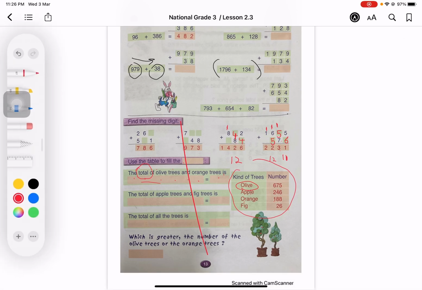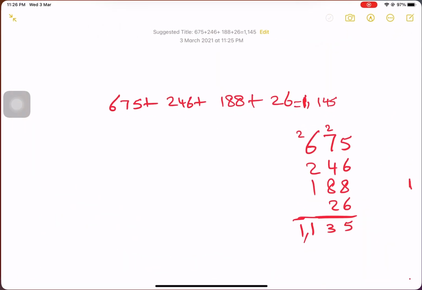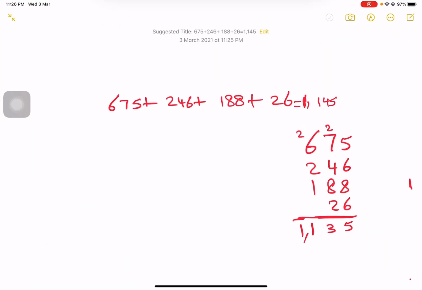They said, which is more, which is greater, which is bigger, the olive tree or the orange tree. Look, let's put the numbers under each other. How much is the olive tree? 675. And how much is the orange tree? 188.